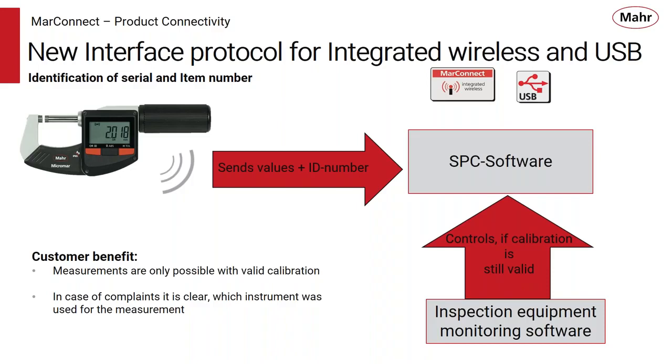So why is that important? Well, it just goes a little bit further in the documentation of the measurement. So now your SPC program can collect the data, and you can verify that that information came from the right measuring tool that was assigned to the task of making that measurement. So you've completed the loop.